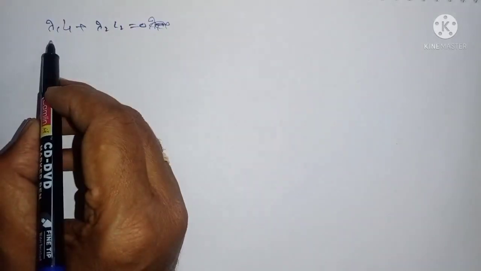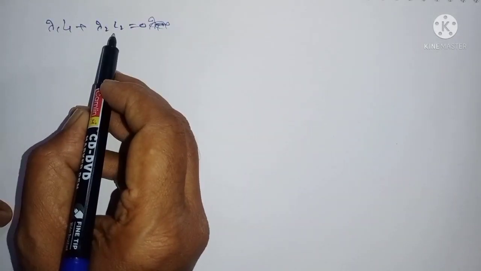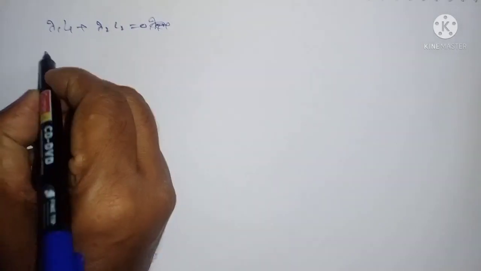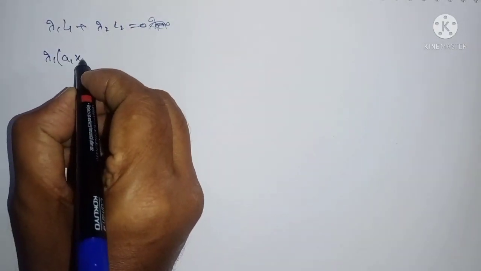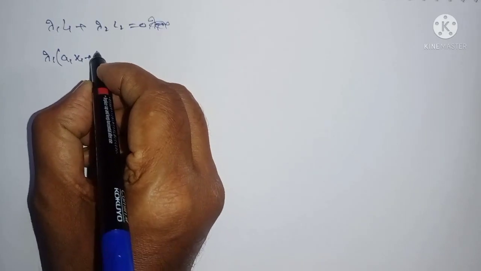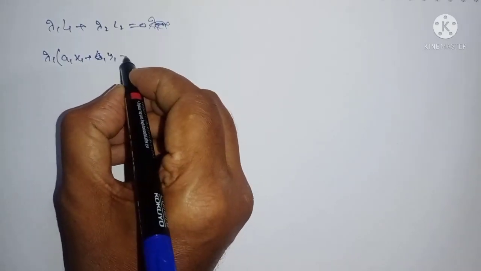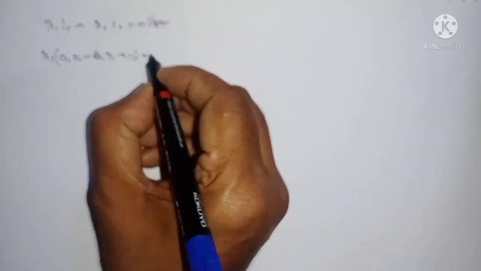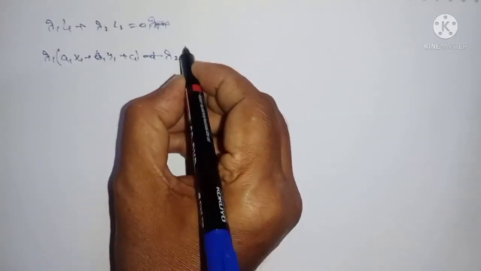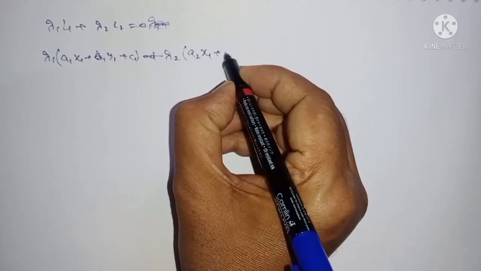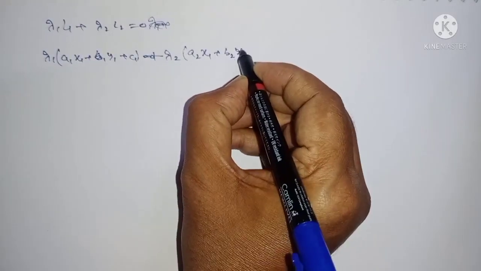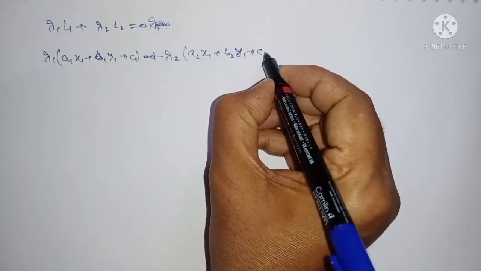I am taking λ1L1 + λ2L2 = 0. Therefore λ1 of L1 is a1x1 + b1y1 + c1 = 0, and again λ2 of L2 is a2x1 + b2y1 + c2 = 0.